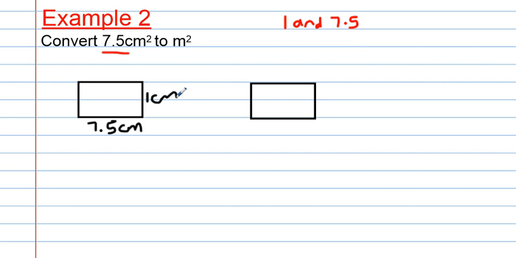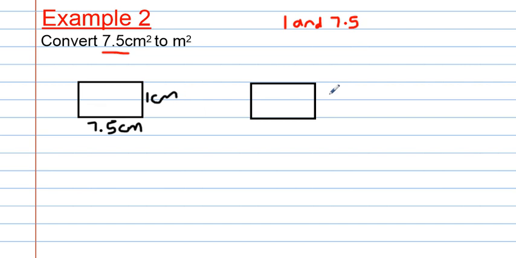Now let's do the conversion. We know that 100 centimeters is 1 meter. So if you are going from centimeters to meters, you divide. So you're going to divide this by 100.